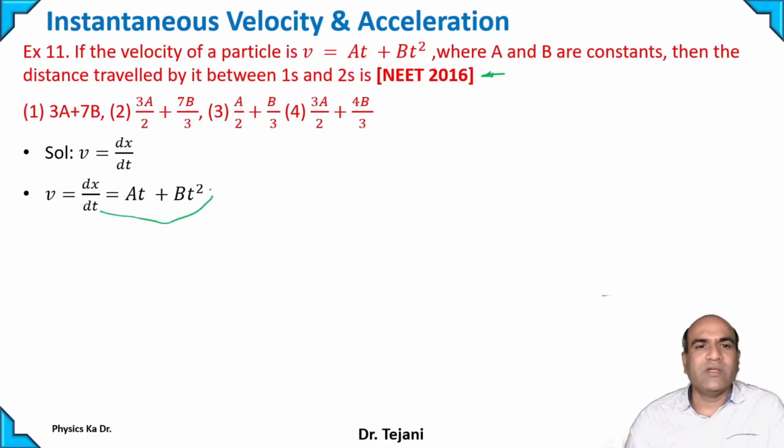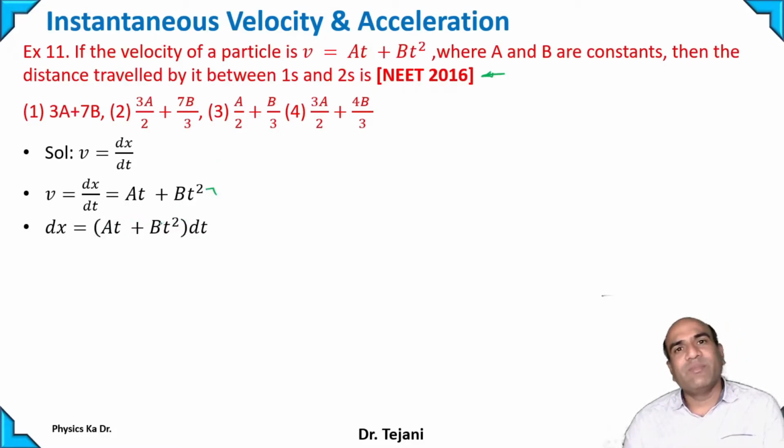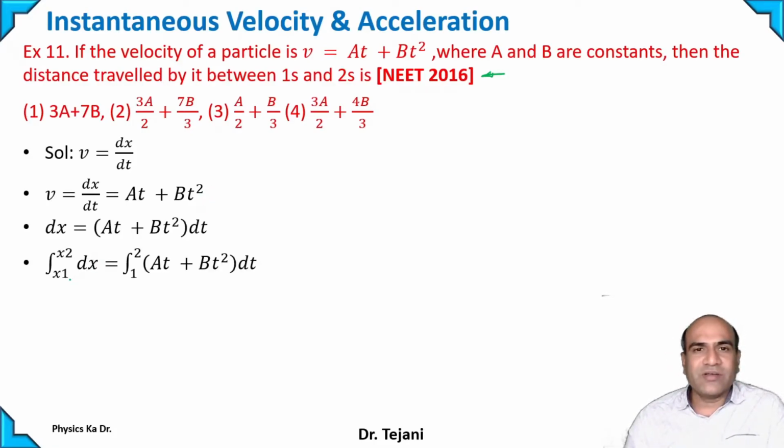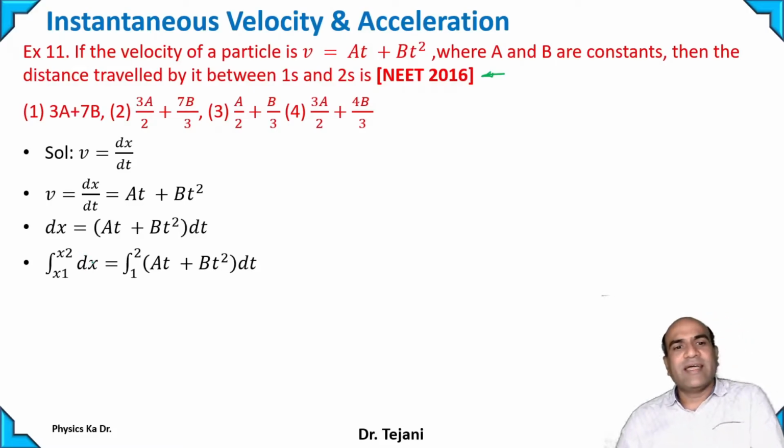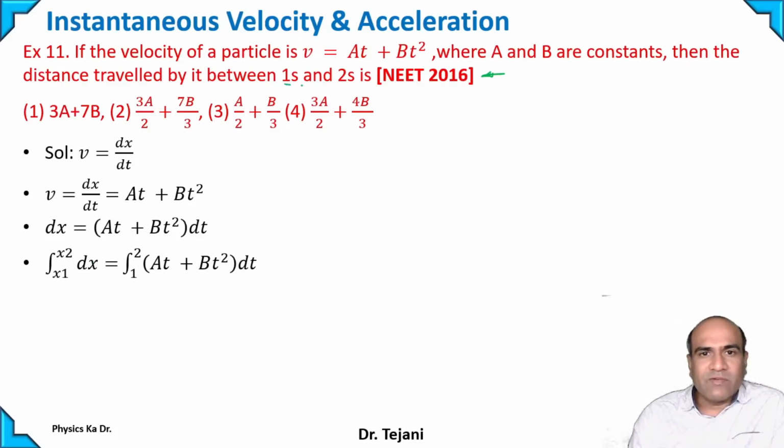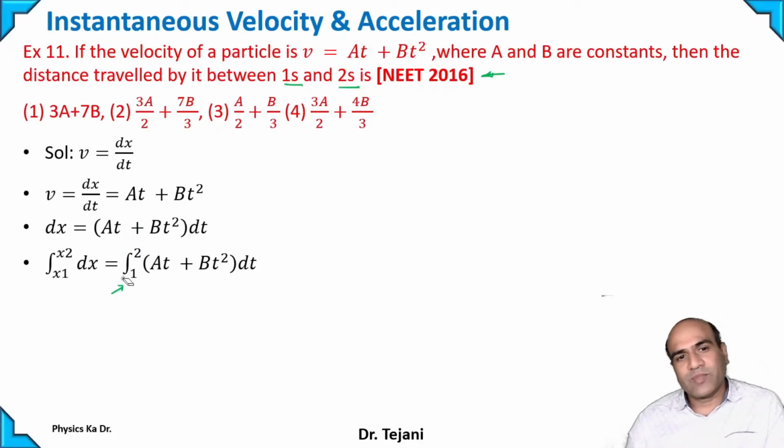You just put dt on the opposite side. So dx is equal to at plus bt square dt. Now what next? Take integration. Integration from x1 to x2, first position to next position, dx is equal to, see it is given, traveled between 1 second to 2 seconds. Therefore the lower limit should be 1 second, and the upper limit should be 2 seconds.